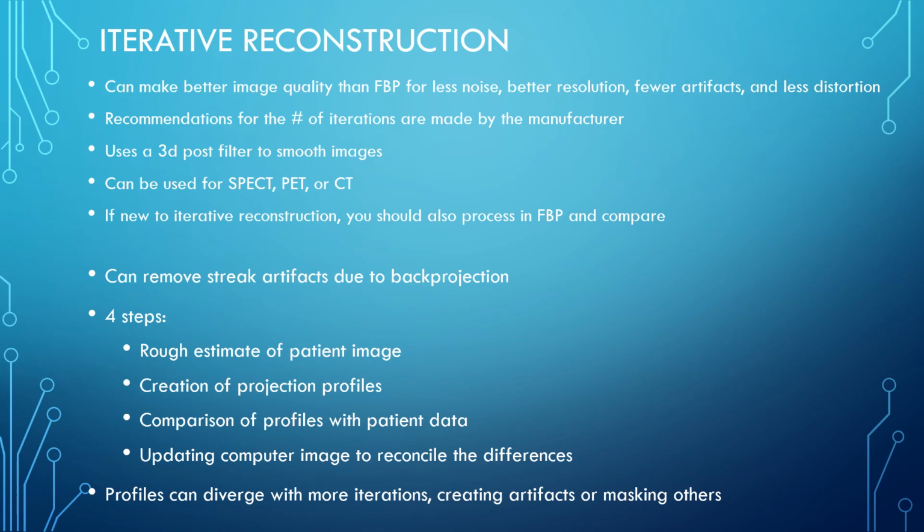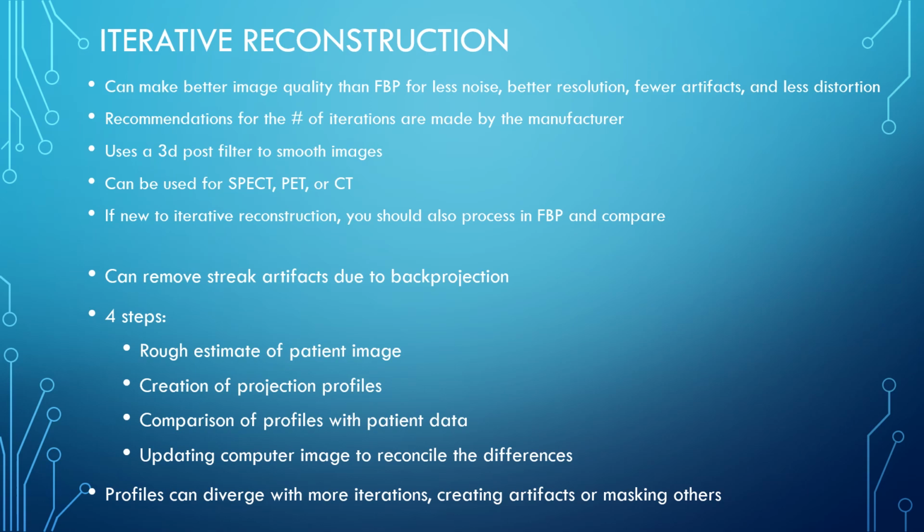And there are basically 4 steps to iterative reconstruction: a rough estimate of the patient image, creation of projection profiles, comparison of profiles with patient data, updating the computer image to reconcile the differences, and then it will repeat until it gets to the acceptable image.